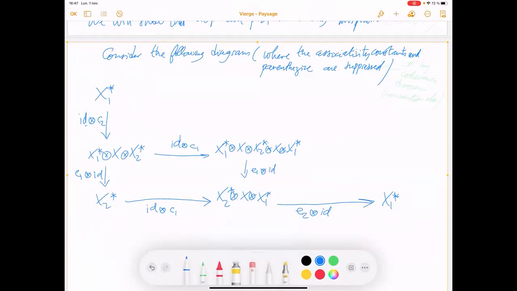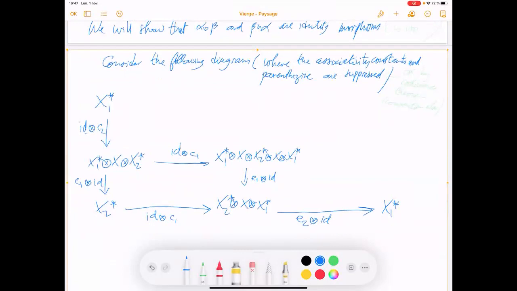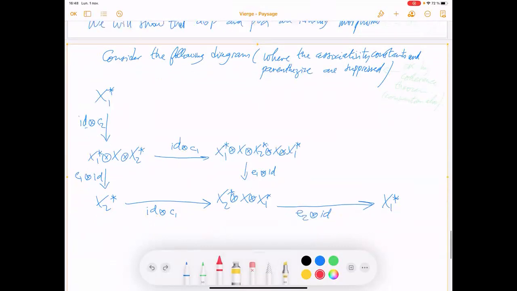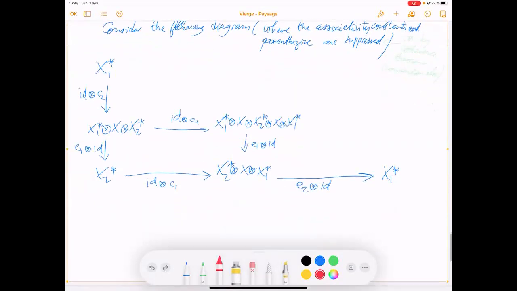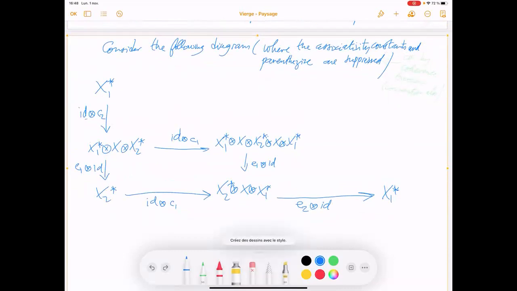So maybe the identities are not the same, but there is no confusion possible. And you come back here. Here the E1 should be applied to that. And here you apply identity tensor E2 tensor identity.